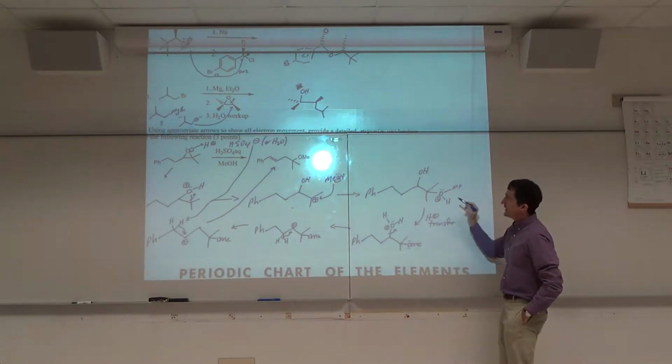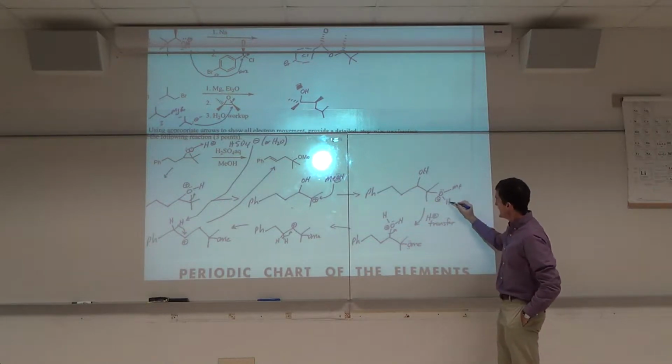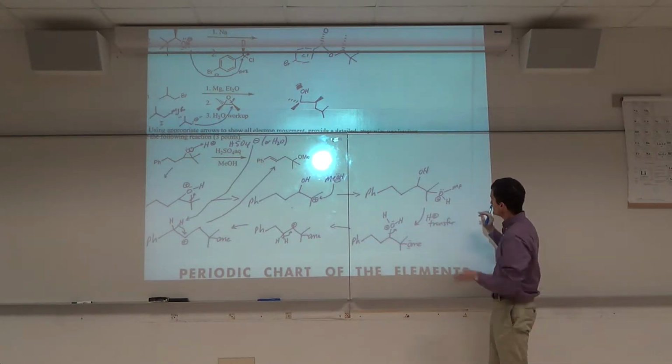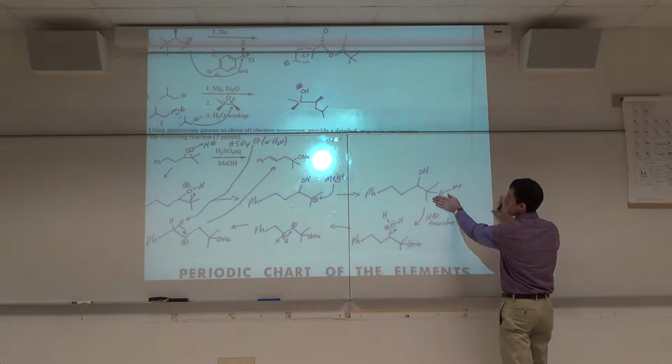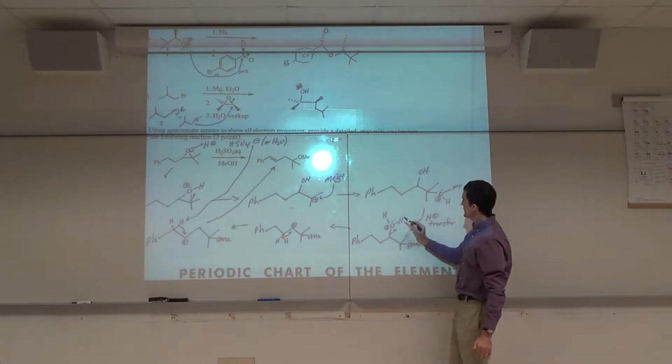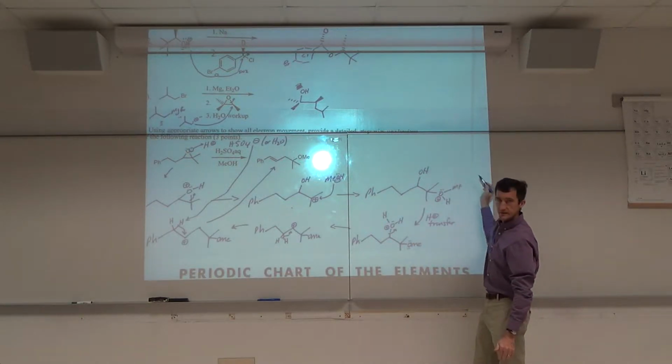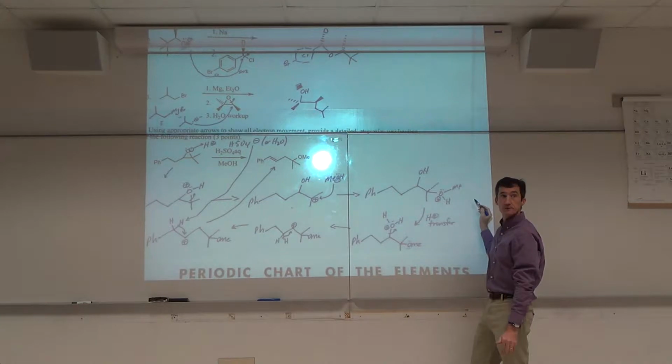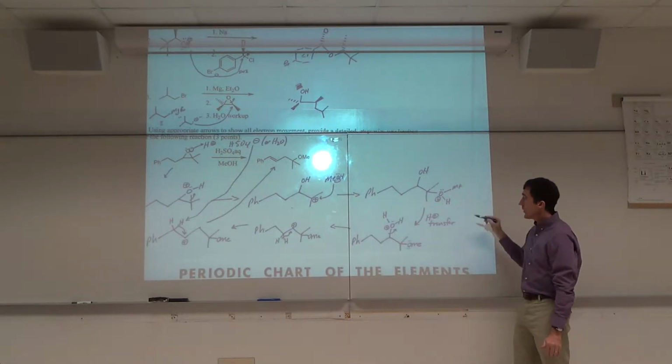Now you can take by HSO4 minus and take the H and show that neutral plus reforming H2SO4. But at that point, you can then come over here and have the alcohol take the H back from H2SO4. Or you can sort of omit that step.